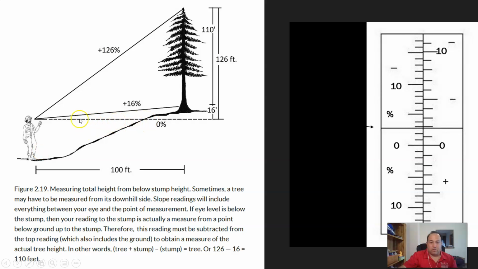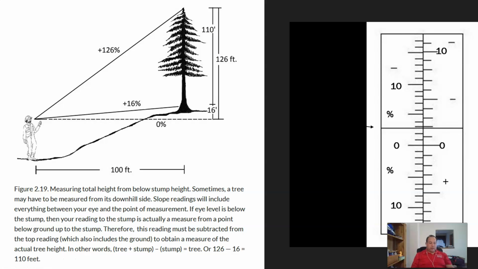So they also know that when they looked eye level right here, the difference between the base of the tree and their eye level was 16 feet. So what they did this time was they said, all right, this is 126 feet, but because 16 feet of it is because of where I'm at, then the tree is actually only 110 feet tall.